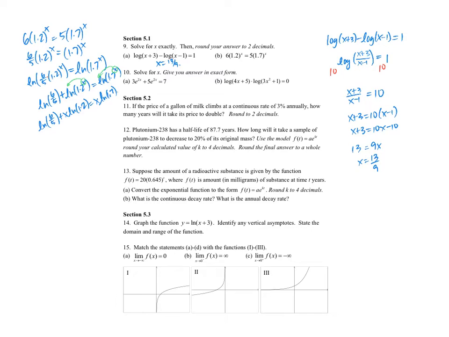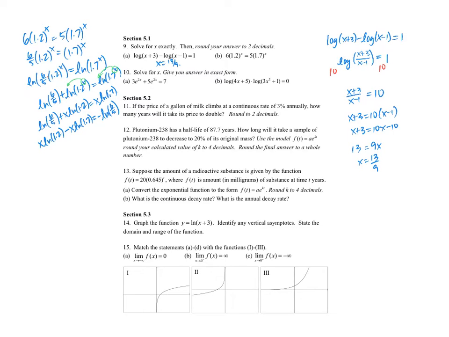And so now my goal is to solve for x. So I'm going to get the things that have x in them on one side and the things that don't have x on the other side. So I get x natural log of 1.2, and I'm going to subtract over the x natural log of 1.7, so minus x natural log of 1.7 equals negative natural log of 6/5.